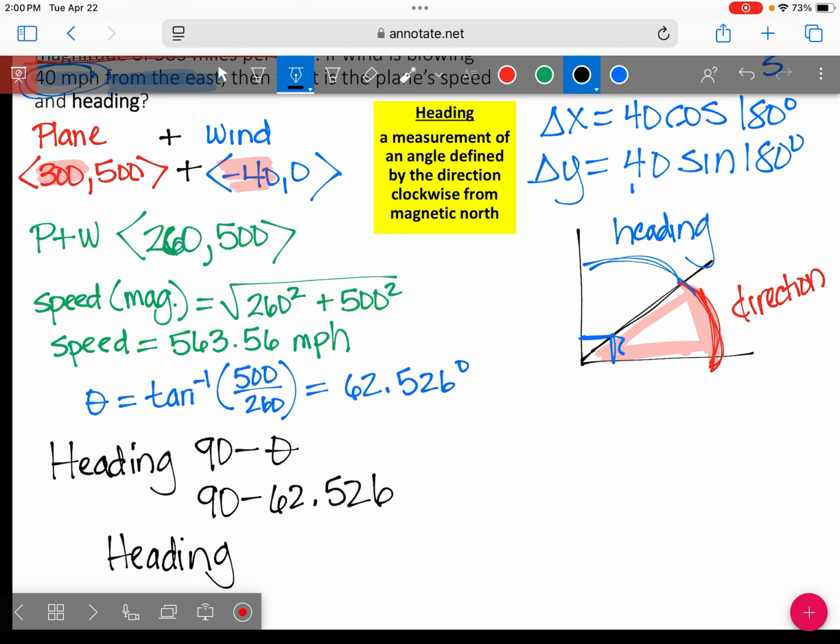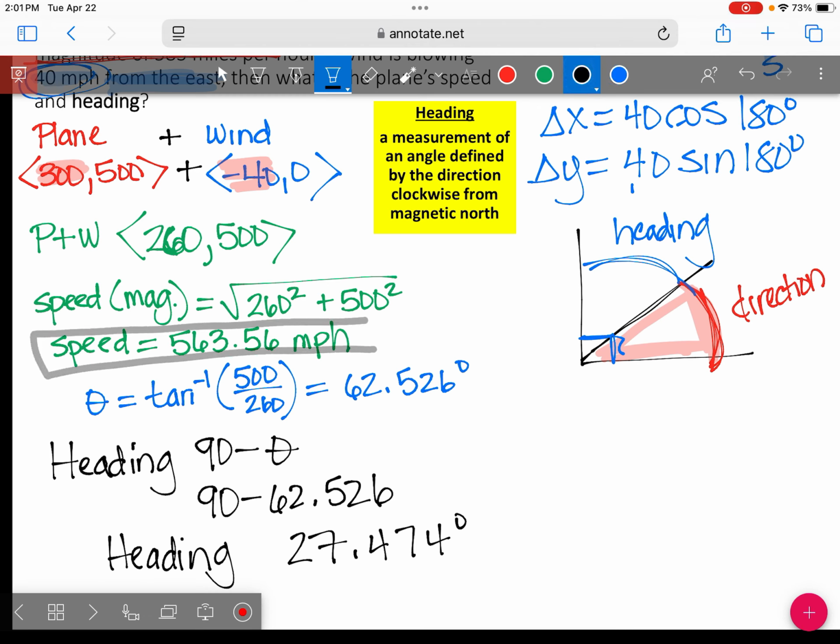And I get 27.474 degrees. Is that what you all got? This is my final answer. I'm going to put it in gray. This is my first answer, that's my speed, and this is my heading.